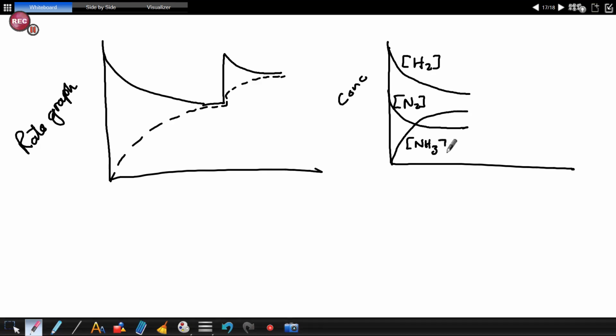So everything here in the concentration graph will go up. Am I right? They must all go up. But the ammonia will go up more to establish new equilibrium. And after going up, the hydrogen will drop to establish new equilibrium, and the nitrogen will drop to establish new equilibrium.